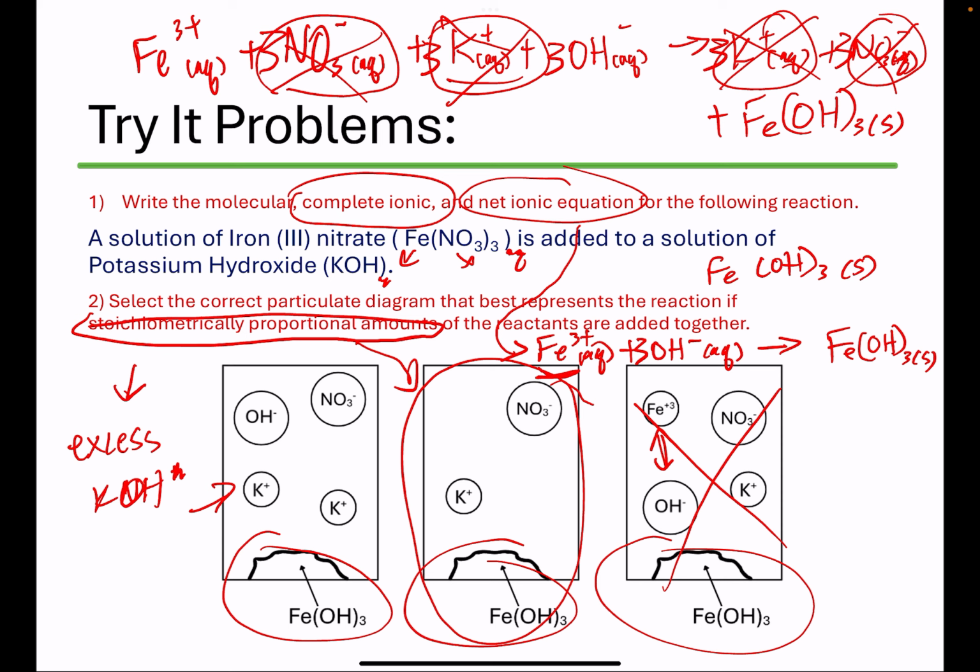Okay, so I do notice this KOH. When we refer back to this, think back that they have to be proportional, right? If you have 3 OHs, because the K is with the OH as a salt, then you should also have 3 K. So always refer back to the molecular formula when you're doing your complete ionic formulas.